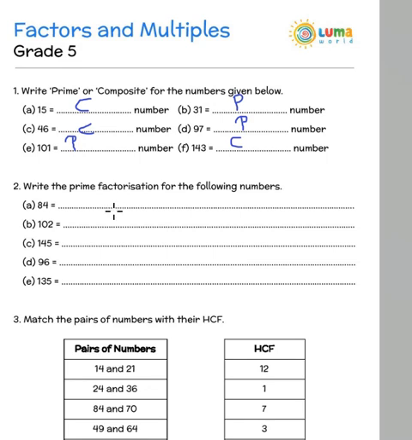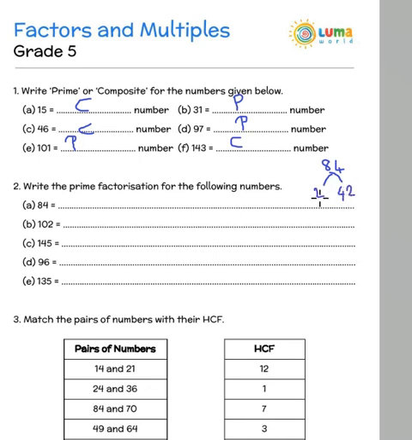So we have the prime factorization for the following numbers, which we need to do, starting with 84. Remember, prime factorization is where you have to write the number as a product of prime factors. Let me show you one example and the other ones we can start doing on our own. 84 is written as 2 multiplied by 42.